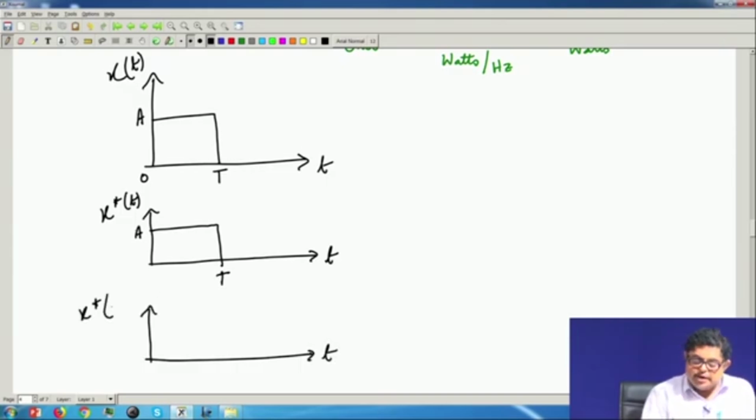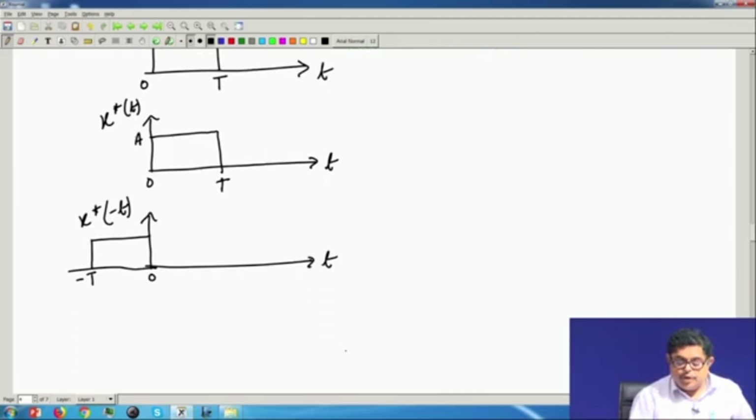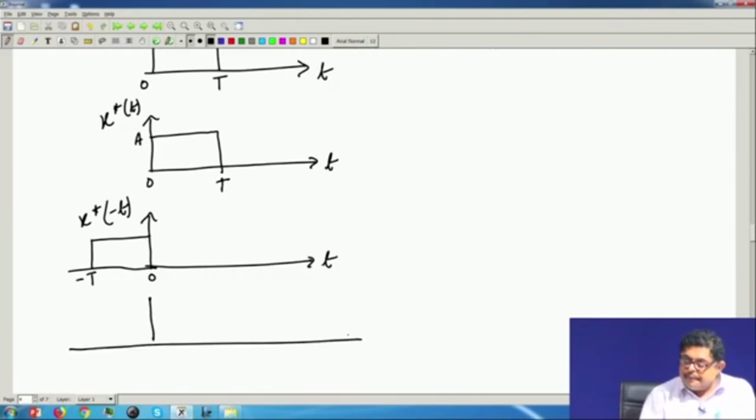Now, what is x star minus t? Minus t means I will have to fold it about the y axis. So, if this is 0, then it is minus T. And what will be x star of t naught minus t?